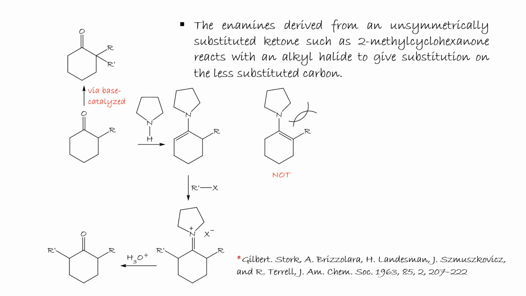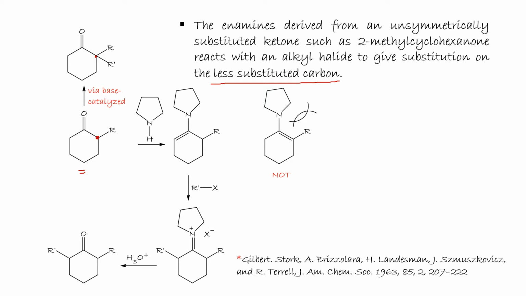The enamine derived from an unsymmetrically substituted ketone such as 2-methyl cyclohexanone reacts with an alkyl halide to give substitution on the less substituted carbon. If you have this molecule with a substituent already on that carbon, via base catalysis we will get the alkylation on the same carbon.